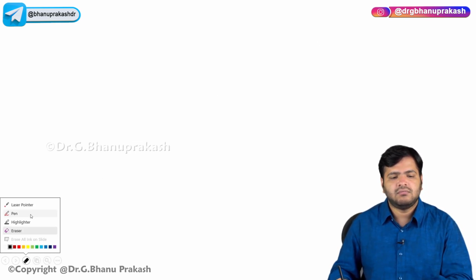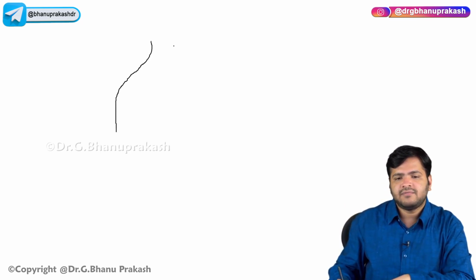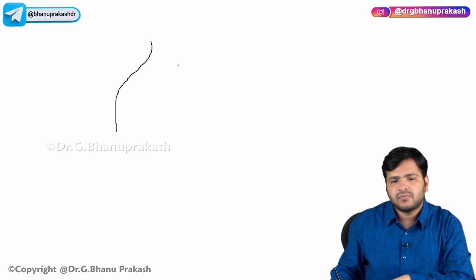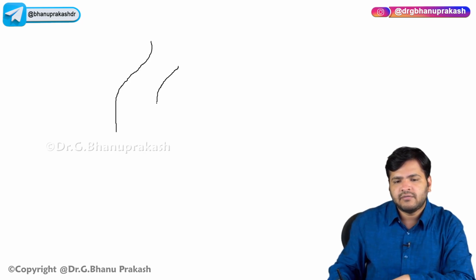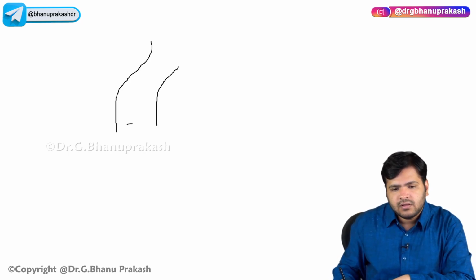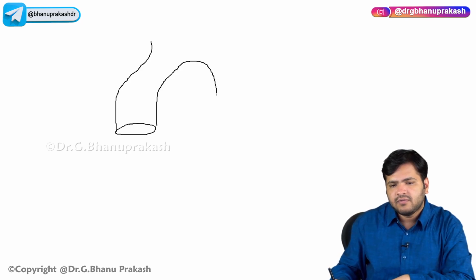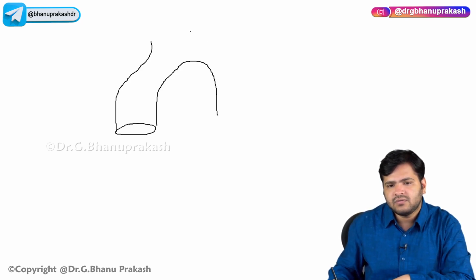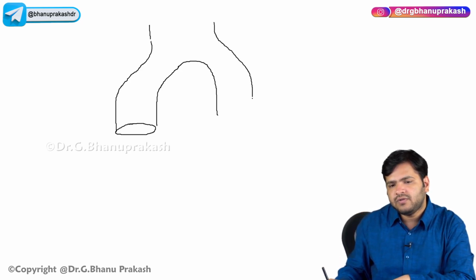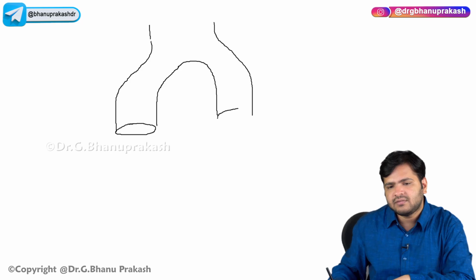Repeating the last 2-3 lines. Now let us suppose we have the right horn over here. Let us draw this. This is the right horn of the sinus venosus, and we have the left horn of the sinus venosus. And in between, you already know we have the median part of the sinus venosus as well, right?